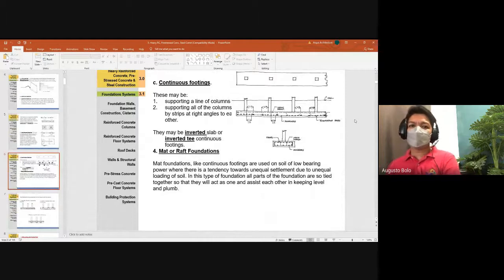So sa case ng continuous footing, may series of columns. Do you have questions? If you have questions, you can pop it out in between discussions. Okay. May questions, si Rose? Before we proceed with continuous footing.